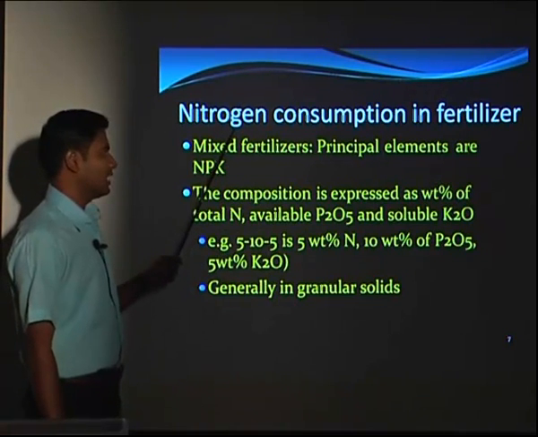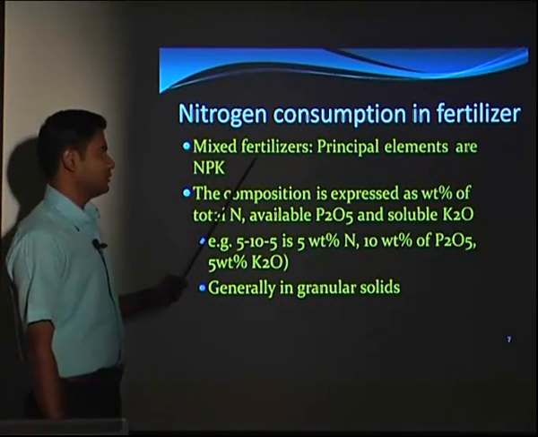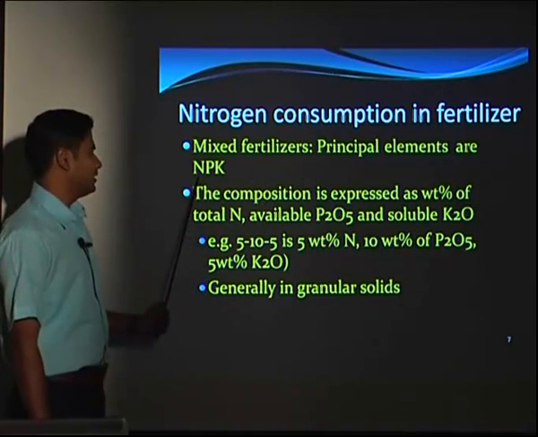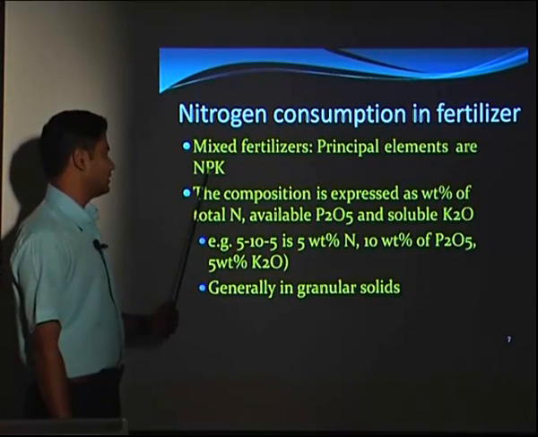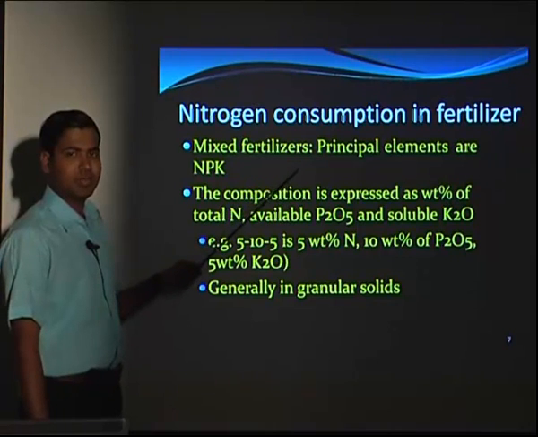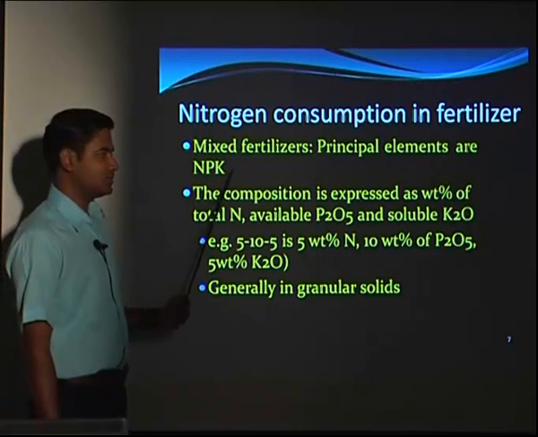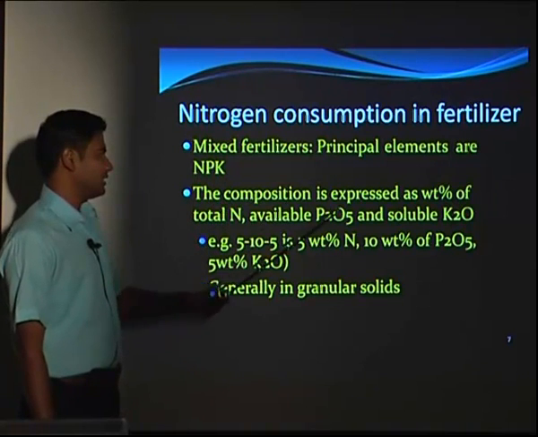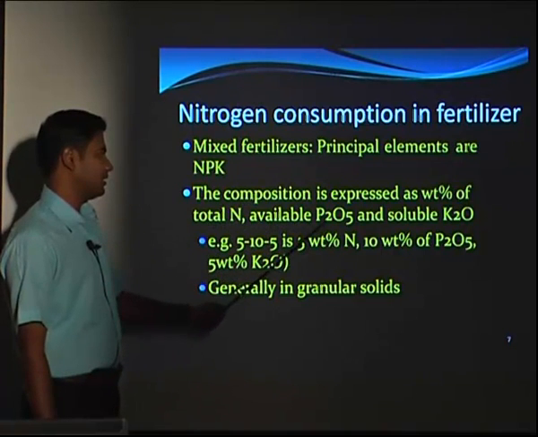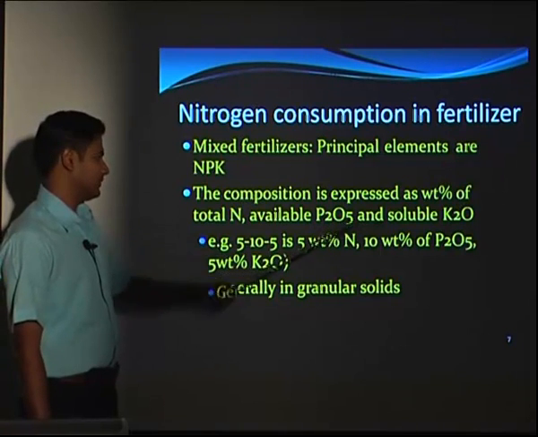So we will discuss the fertilizer pattern of nitrogen. It is used to produce mixed fertilizers, and the principal elements are nitrogen, potassium, and phosphorus. This is denoted as NPK. If you have seen a fertilizer bag, you have noticed they have written NPK with some numbers over it. So the composition is expressed as weight percentage of total nitrogen and available phosphorus pentoxide and soluble potassium oxide.